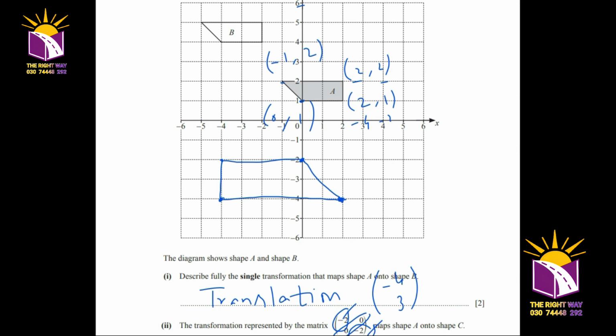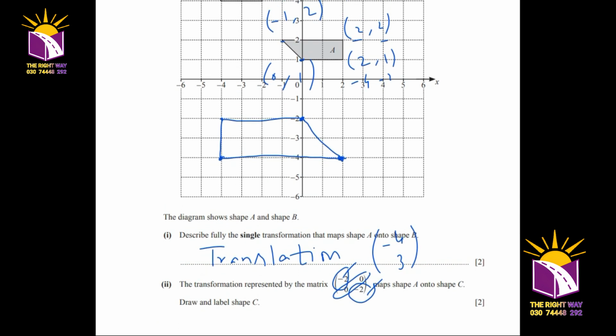It will rotate as well as enlarge. So this is your shape C with the points minus 4, minus 4, minus 4, minus 2, 0 and minus 2, and the last one 2 and minus 4.